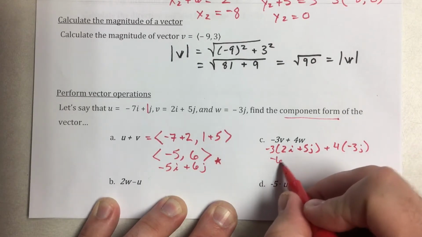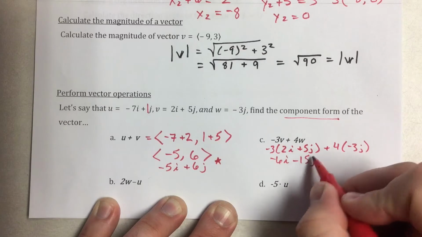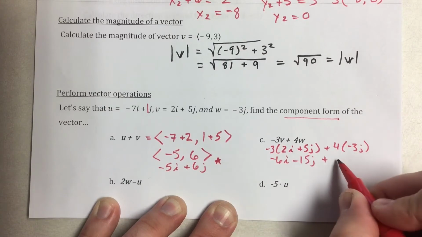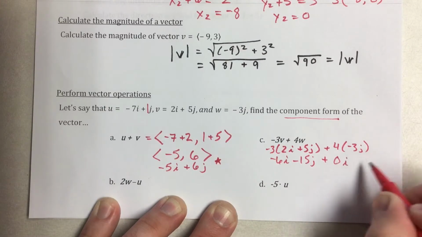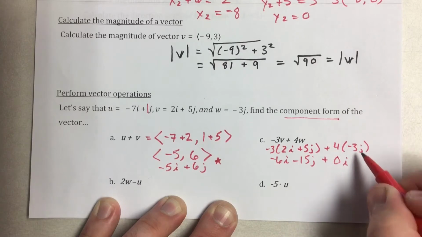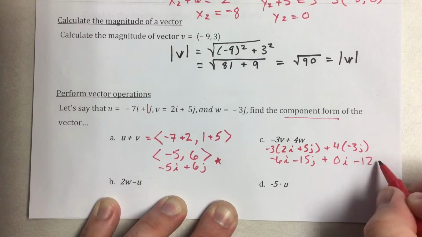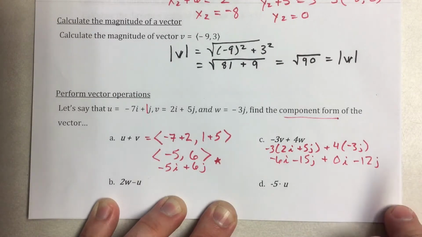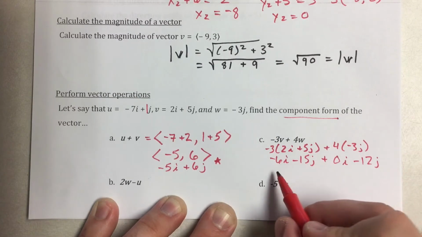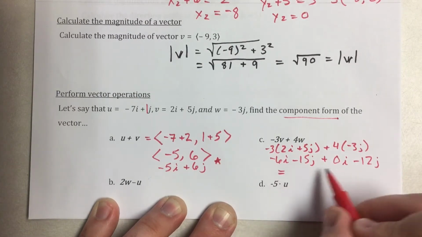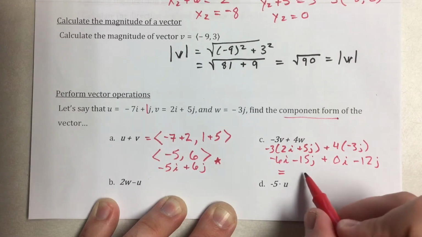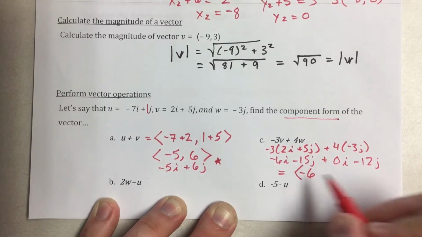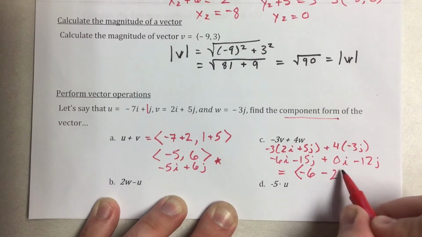That would give us negative 6i minus 15j plus, we'll say 0i since there's no i component there, minus 12j. Then our result in component form is negative 6 and then negative 27.